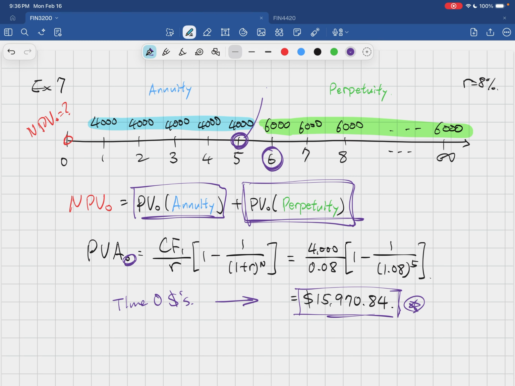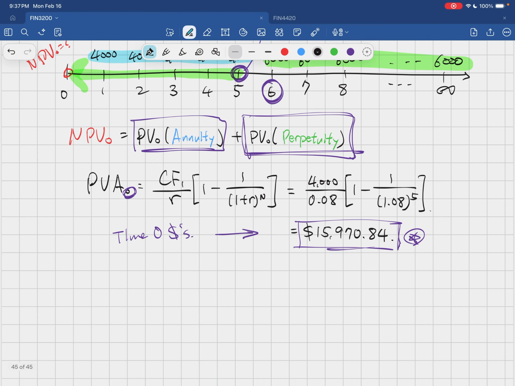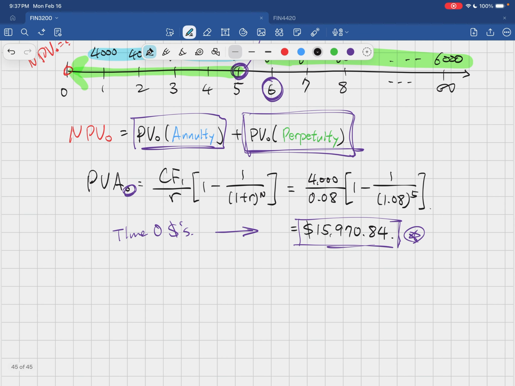So we'll first get the PVP, the present value of the perpetuity, as of year 5, and then discount it back to time 0 to get the time 0 value of the perpetuity. We're doing the PVP formula first, and we still have the T and T plus 1 relationship.